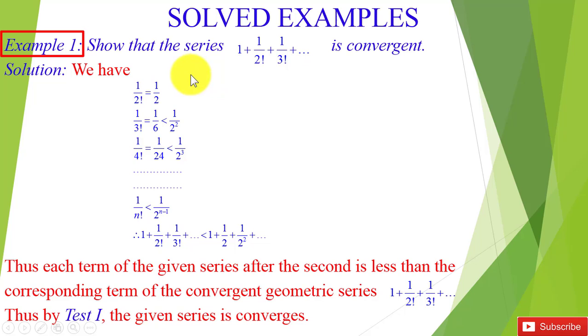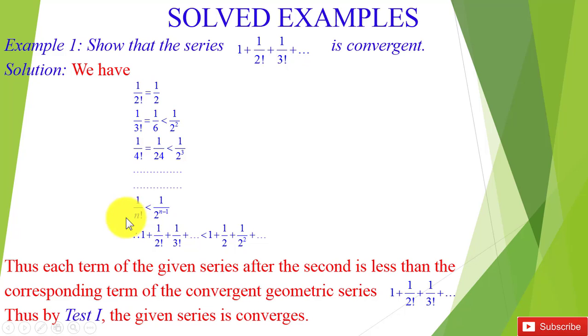Show that the series 1 plus 1 by factorial 2 plus 1 by factorial 3 plus up to infinity is convergent. Solution. We have 1 by factorial 2 is equal to half. 1 by factorial 3 is equal to 1 by 6, which is less than 1 by 4 is equal to 1 by 2 square. 1 by factorial 4 is equal to 1 by 24, which is less than 1 by 2 cube is equal to 1 by 8.